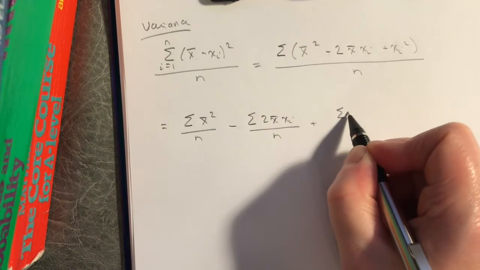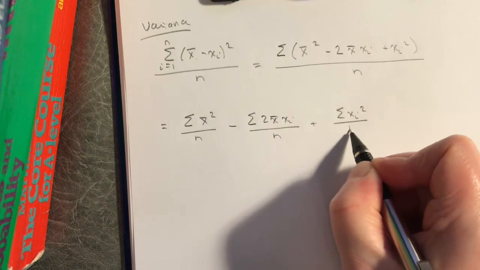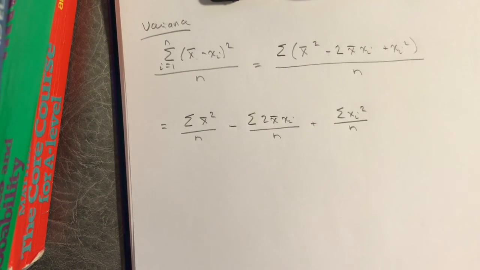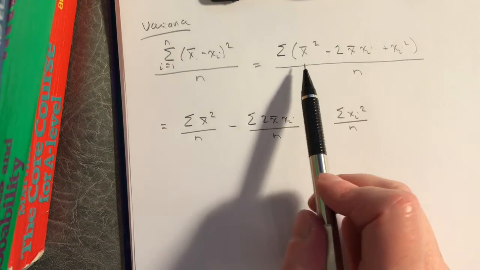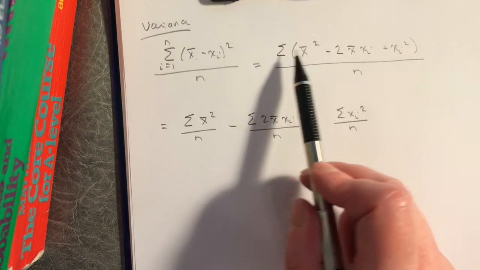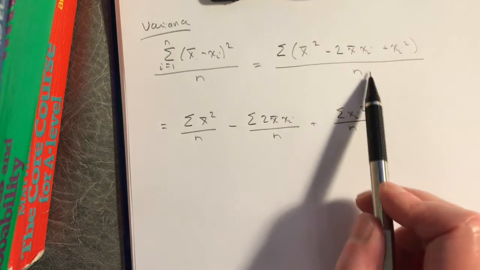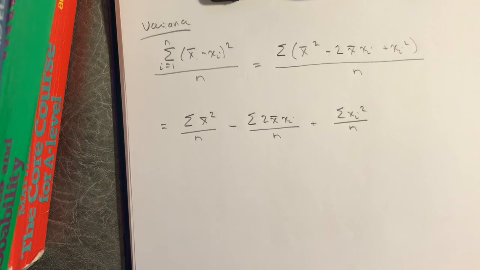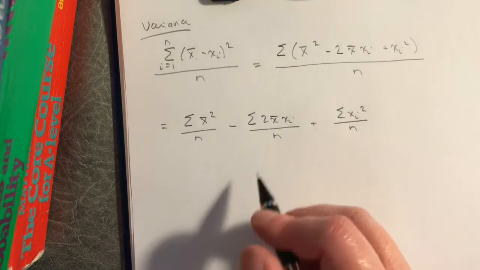And again, you should do this yourself to be comfortable with what I'm writing. Okay, so I've broken this into 3 separate summations and then into 3 separate fractions. If you're not happy with that step, drop me a note.